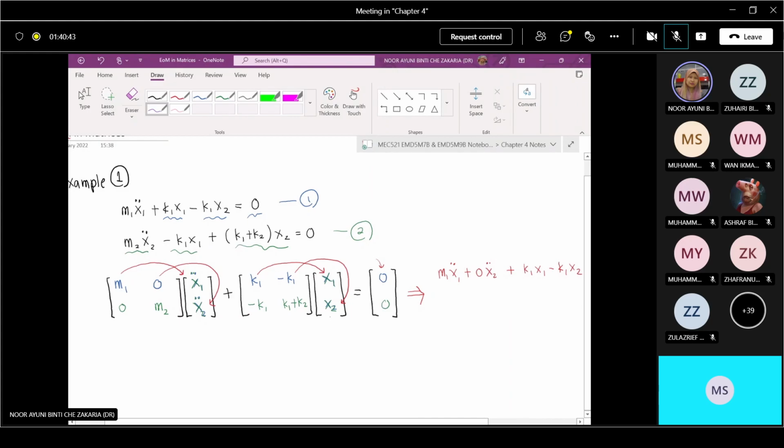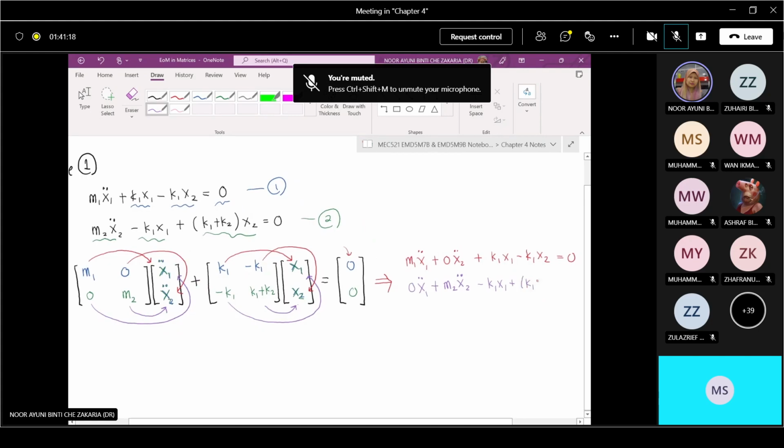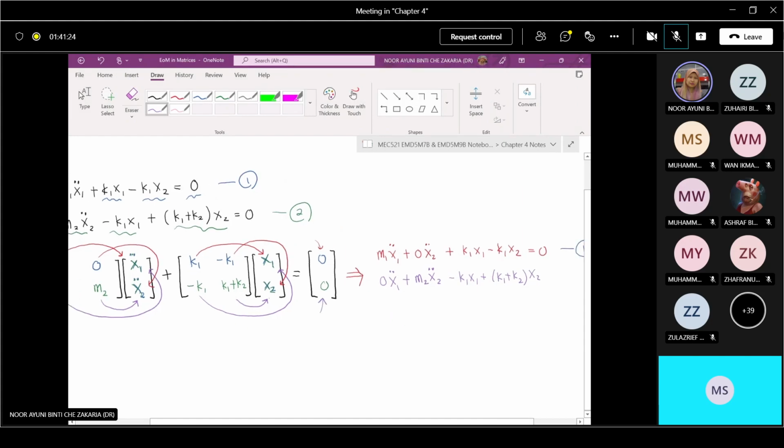I'll just do it. For notes we don't need to write the example. Okay. 0 times X1 double dot plus M2 times X2 double dot. So 0 X1 double dot plus M2 X2 double dot. Same with this one, multiplied with X1 plus multiplied with X2. So you have negative K1 X1 plus K1 plus K2 times X2 and then equal to 0.